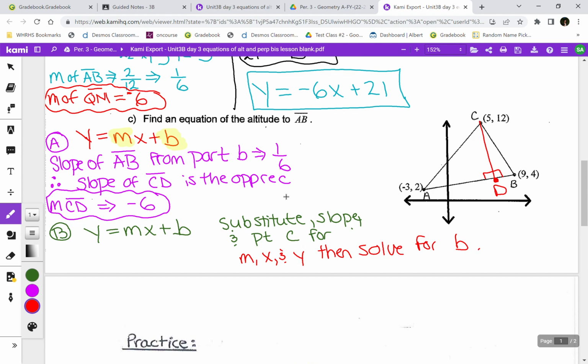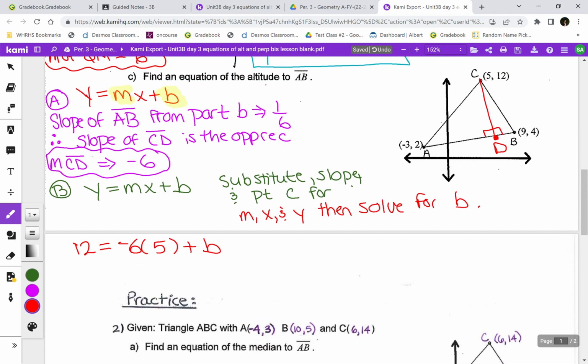All right, let's do this. So I'm going to have 12 equals -6 times 5 plus b. Everybody see where I got those numbers from? 12 equals -6 times 5 plus b? Yes. All right, so we got 12 is equal to -30 plus b. So what does b equal? 42. Do we have everything we need? Yes, y equals -6x plus 42.